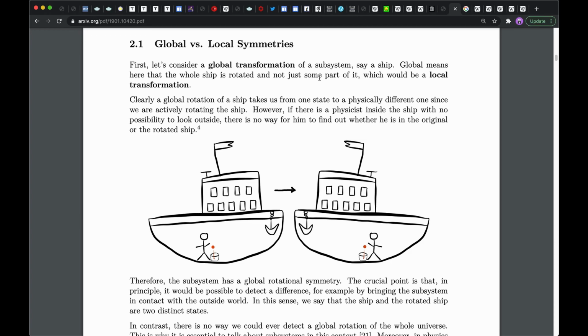So it's a change that does not change relative to itself. If you are a part of that subsystem, you will not be able to detect that. But if you go out and look outside, then you will be able to detect that. So this global transformation could be of a subsystem, on any scale, an arbitrary scale.